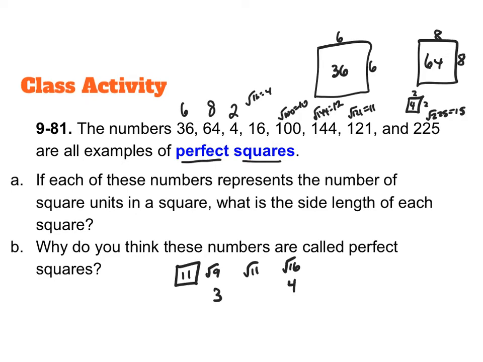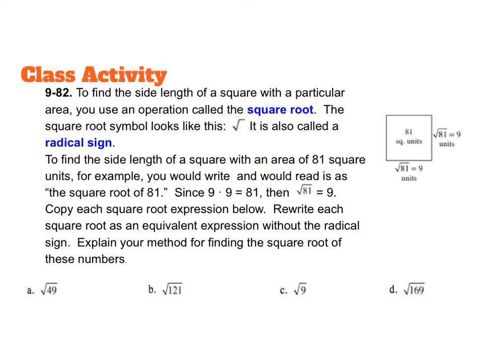So we know that the square root of 11 is somewhere between the square root of 9 and the square root of 16. And the square root of 9 is the same as 3. So the square root of 11 is more than 3 and less than 4. So we can use those perfect square roots to estimate where those non-perfect square roots would be.